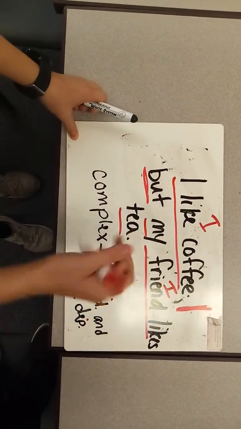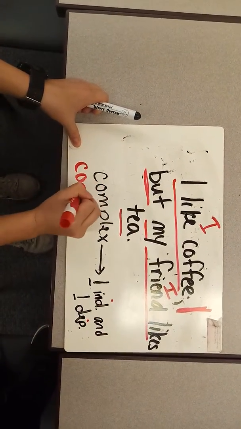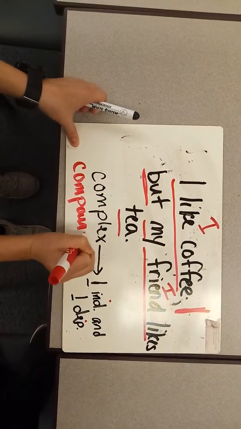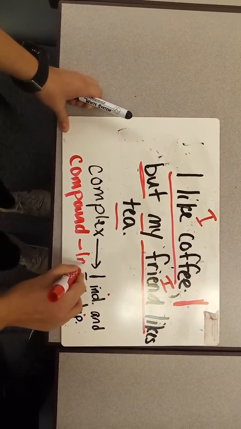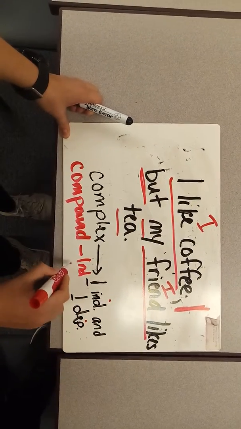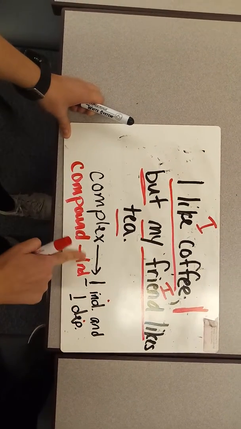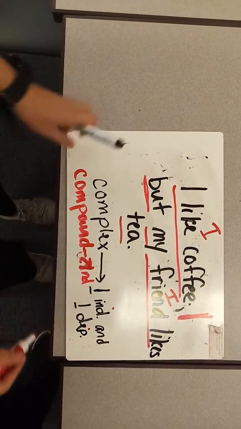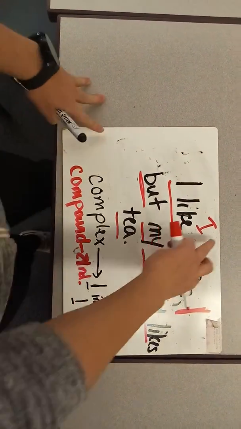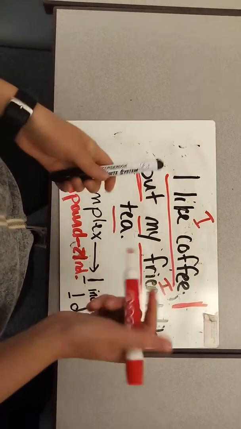So we would say this is a compound sentence. That would be one independent. Oh, actually, I lied. Ignore me. That would be two independent clauses.